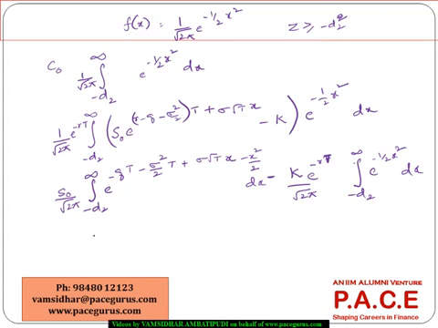Here e to the power of minus qt is a constant, so I can take it out: s naught e to the power of minus qt divided by root 2 pi, integral from minus d2 to infinity.